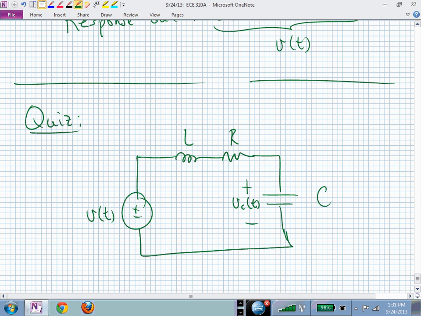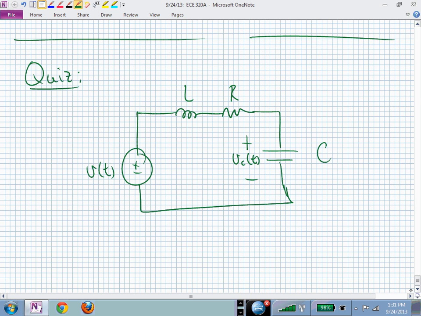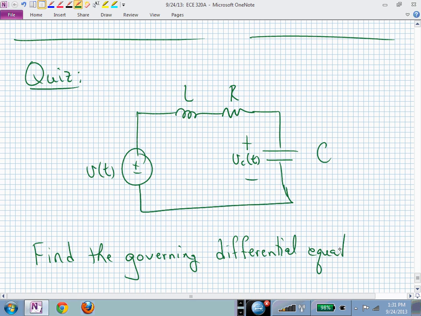And now maybe what I want to ask in this quiz is: find the governing differential equation.